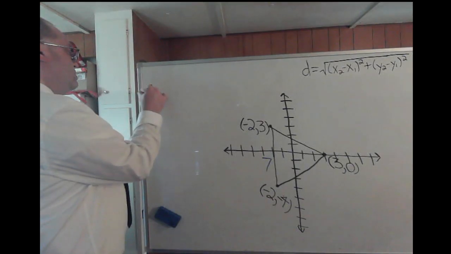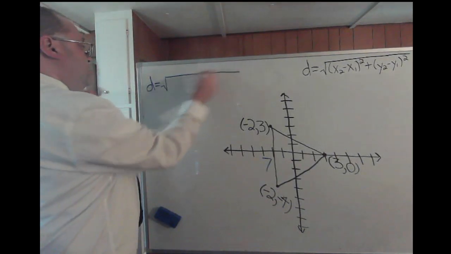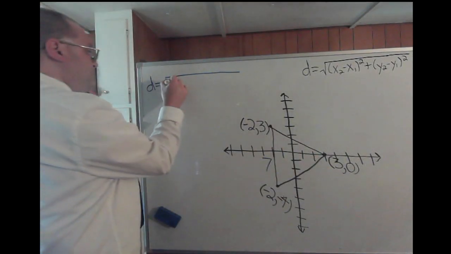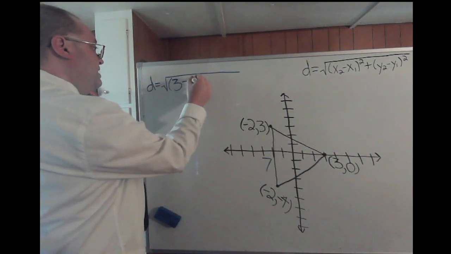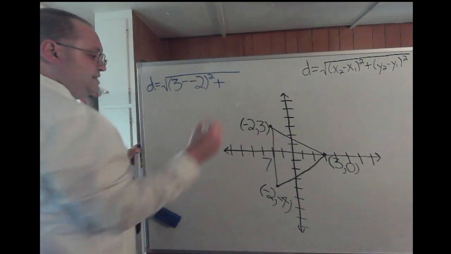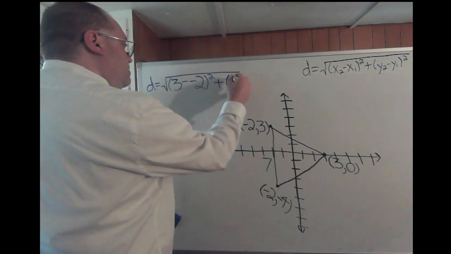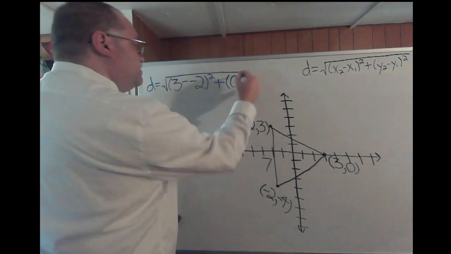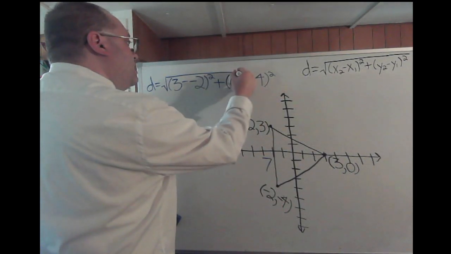So let's go ahead and start here. You'll have your x2, which is going to be 3, minus your x1, which is negative 2. So 3 minus negative 2, that quantity squared, plus your y2, which is 0, minus your y1, which is negative 4, to the second power.